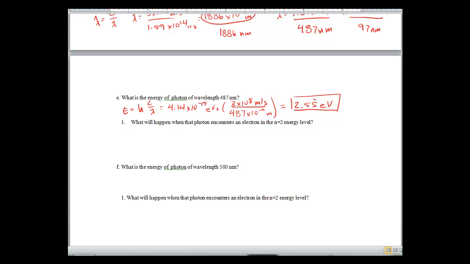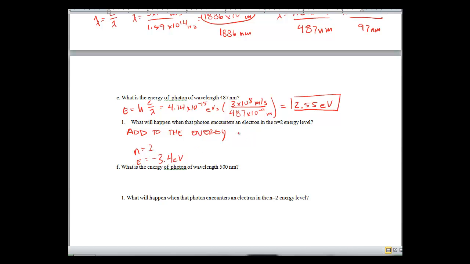What will happen when this photon encounters an electron at the n equals 2 energy level? What we would do is add to the energy there. The energy of n equals 2 is negative 3.4 electron volts.